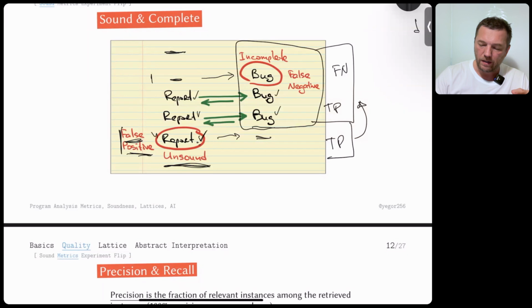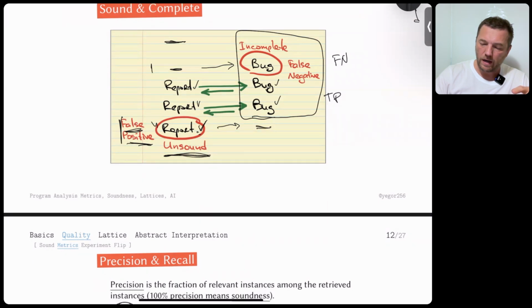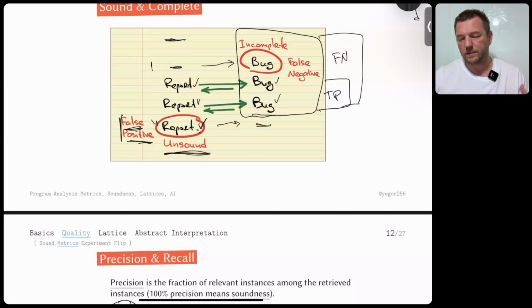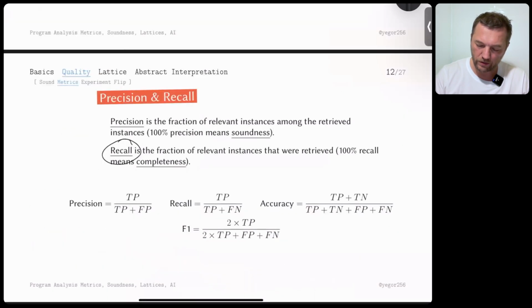We want to see how big is this part in this entire output of the analyzer. So the analyzer is giving us 100 answers, for example.